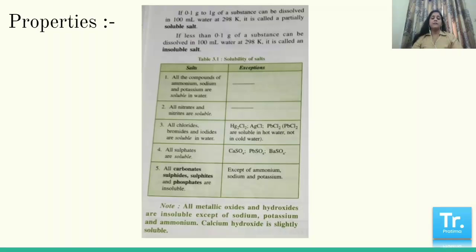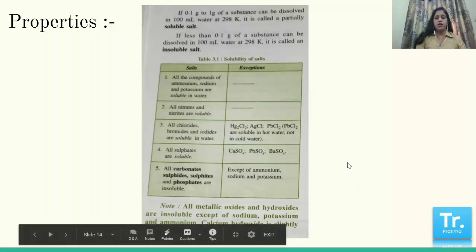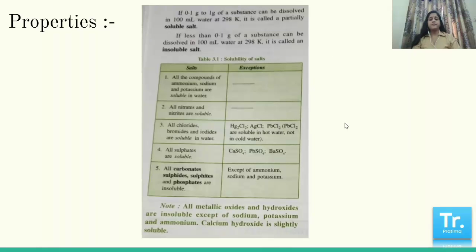Coming to the next, how do you know it's a soluble salt or an insoluble salt? If the amount dissolved in 100 liters at a particular temperature is up to 1 gram, it is soluble, but if it is less than 0.1 gram, it is taken to be insoluble. Now just now I was talking to you about the solubility of salts, very very important, and the types of questions also I will discuss.